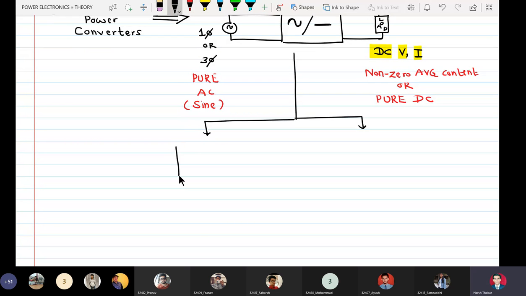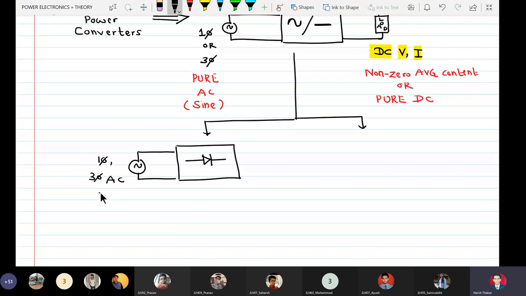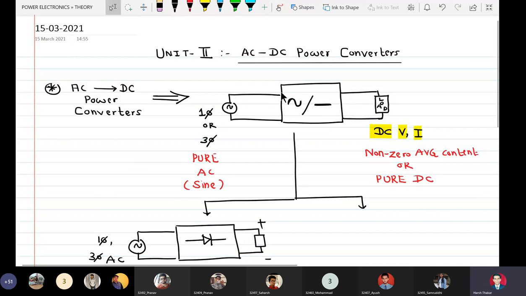If the black box contains diodes, it is called an uncontrolled rectifier. It can be single phase or three phase sine, and at the output we have the load and we show it as plus minus. Because the output is a waveform having non-zero average content, we always show a polarity at the output.